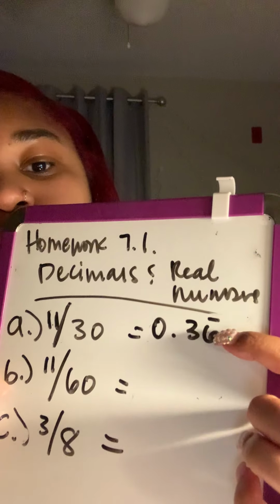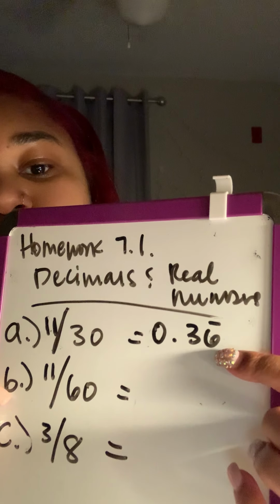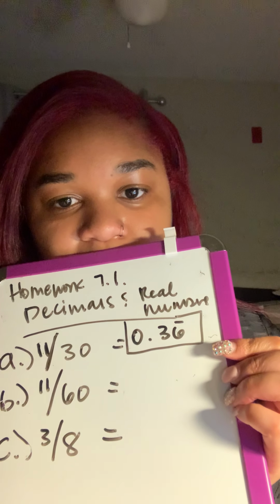So you divide 11 over 30, and then you get 0.36. Since the 6 is repeating here, you're going to put a line over the 6 because it's a repeating number. And that is how you get the first one.